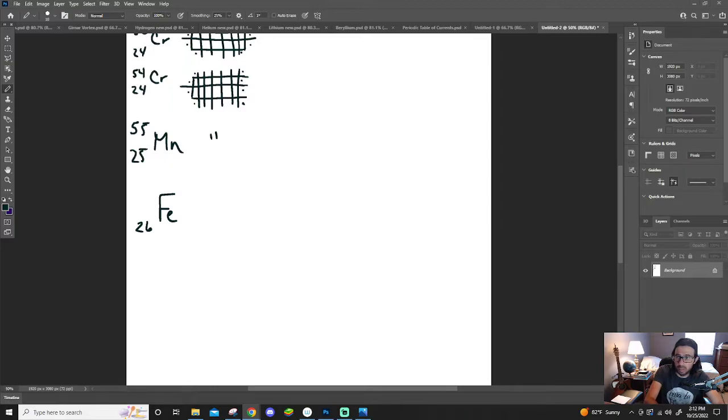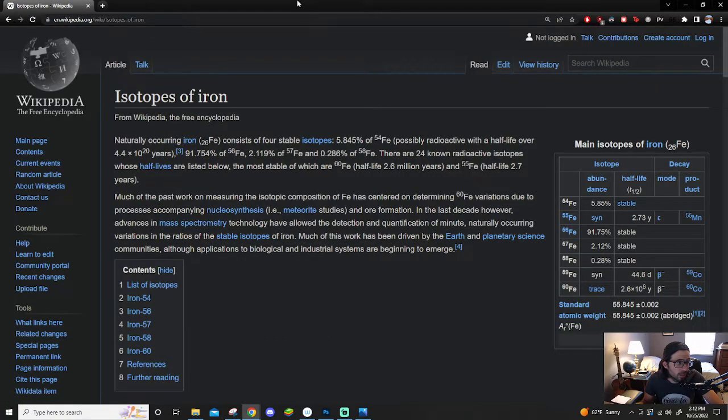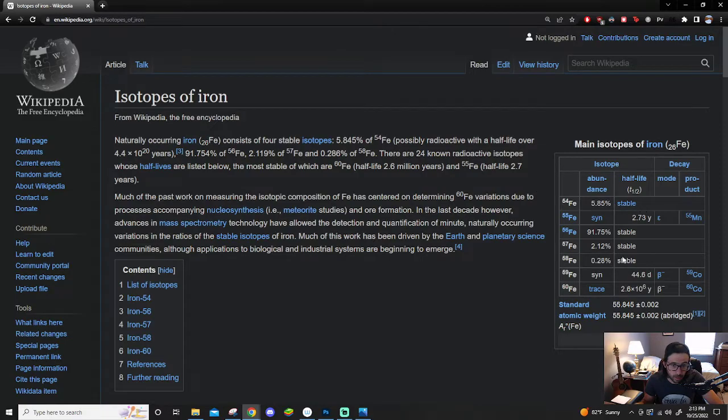Stable isotopes of iron. Okay, we got 54, 56, 57, 58. Let's look at that a little bit. Okay, stable. Years, couple years, 60s. Pretty relevant in terms of its stability, but it's also trace amounts, but we can note it.